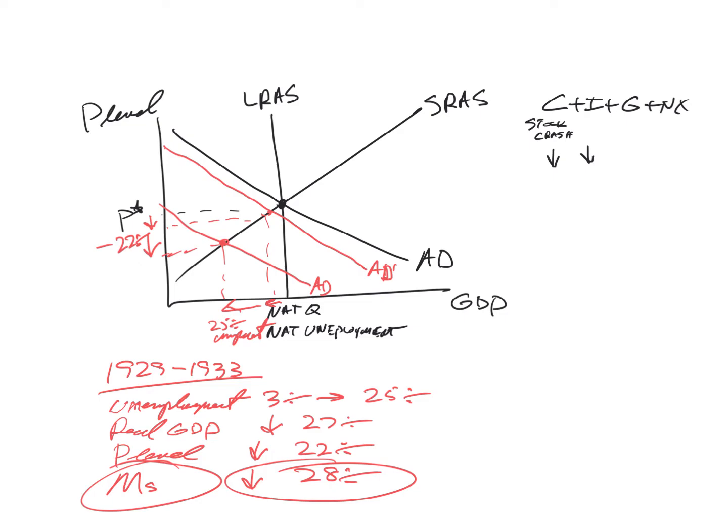And over time, we would have had the short-run aggregate supply curve here respond to that lower prices, that reality of what had happened, and it would have gradually shifted its way down until it came down to here. Okay, that's how it would have adjusted over time.